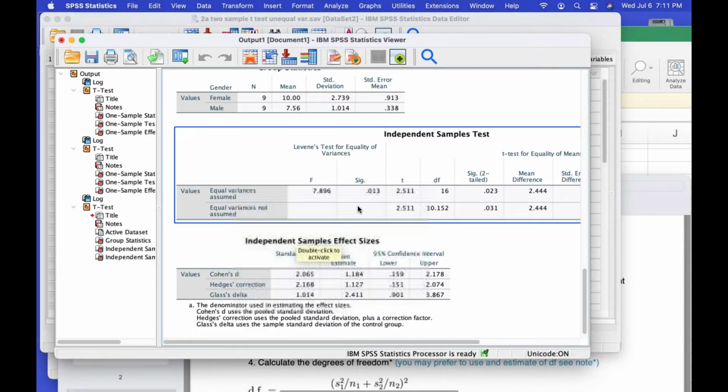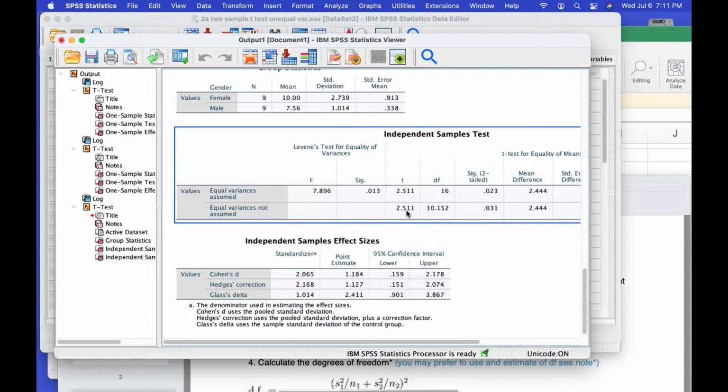So what does it do? Well, instead of just assuming equal variances or not assuming equal variances, SPSS actually does both tests. It uses both formulas to calculate the t-score. Now, you might notice the t-scores are exactly the same. That's chance.